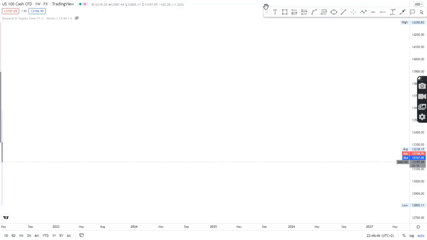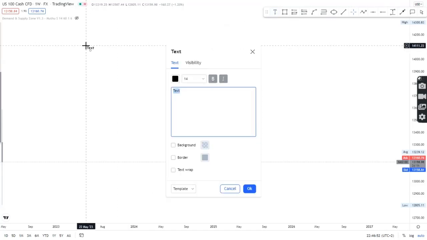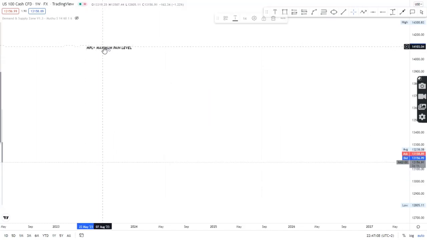So what is an MPL, right? What an MPL stands for is just maximum pain level. Okay, this is literally what it means.